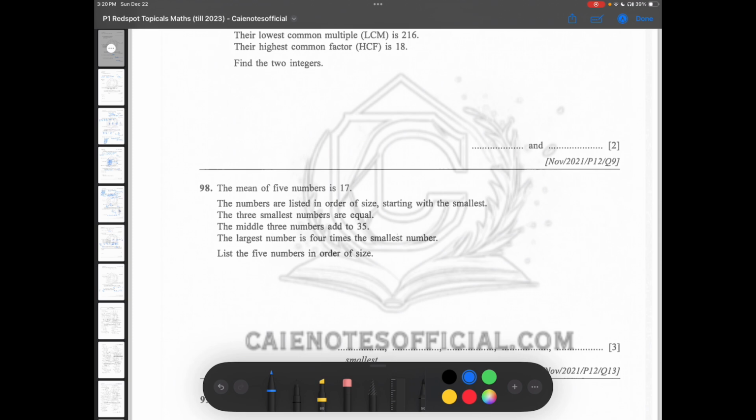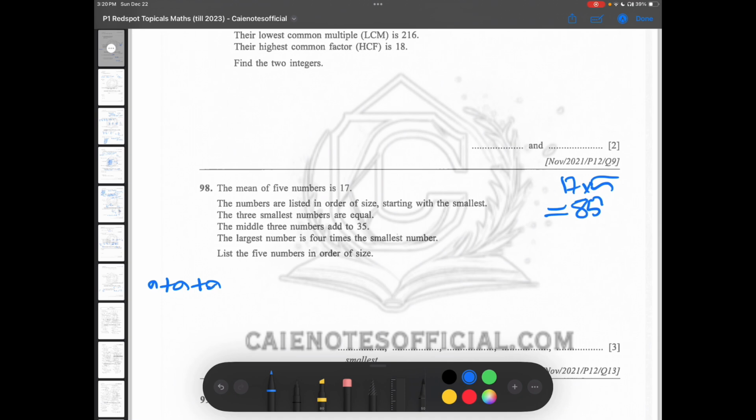If the mean of 5 numbers is 17, it means the sum of those 5 numbers will be 17 multiplied by 5, which is equal to 85. So the first three numbers are equal. Let's suppose the first three numbers are a plus a plus a.